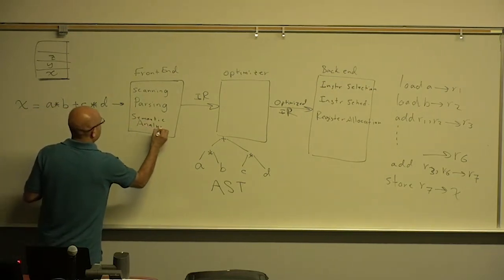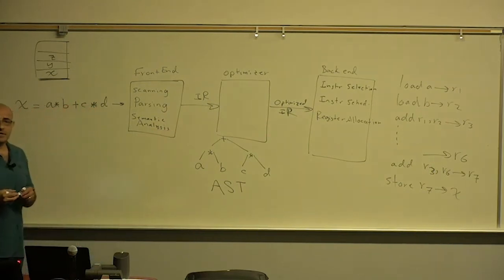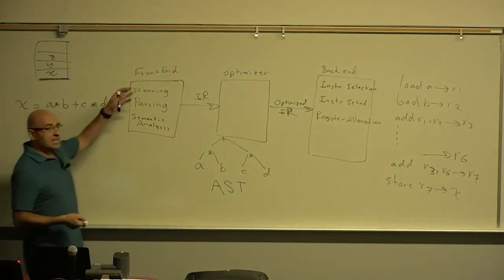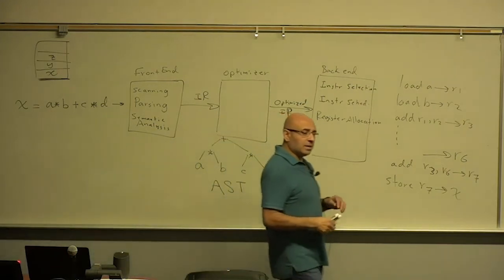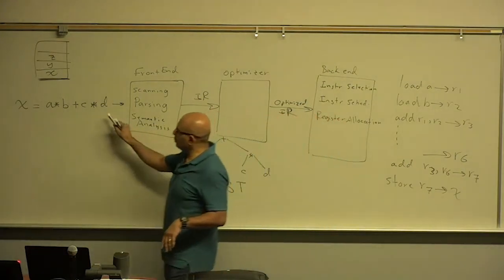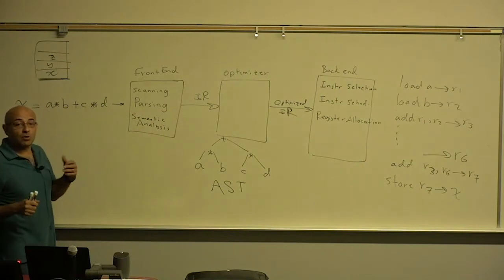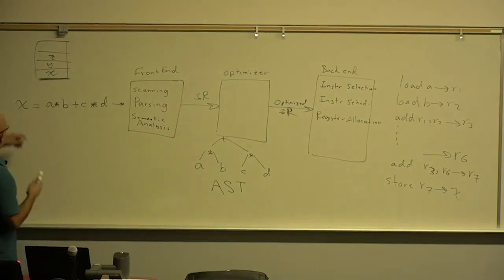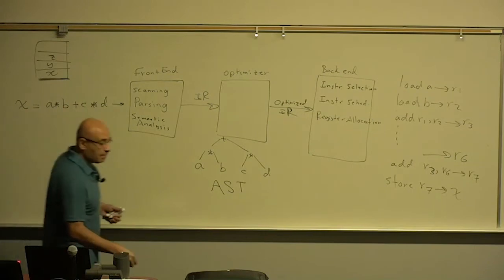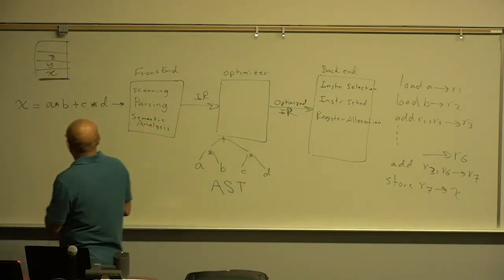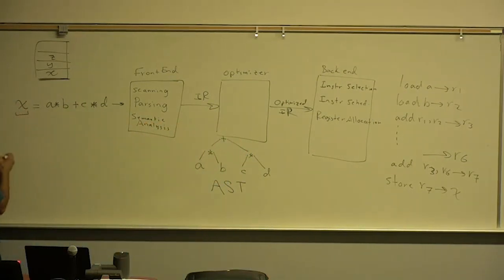So let's have some high-level descriptions of these. Scanning: basically you look at your input and you divide it up into tokens or words. In this case, this is one word. Well, this is not a good example because each one is going to be a single word.